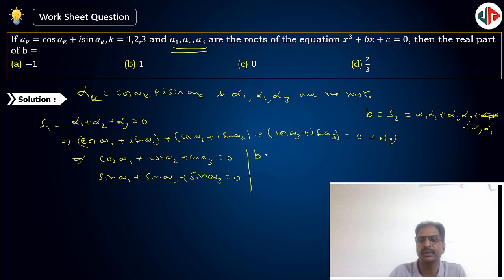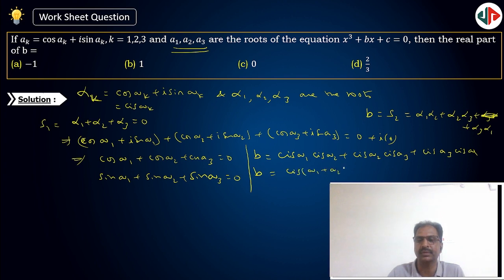Now what is B? Alpha K is nothing but cis A K. So what is alpha 1? Cis A1 into cis A2 plus cis A2 into cis A3 plus cis A3 into cis A1. Cis theta 1 into cis theta 2 is cis of theta 1 plus theta 2.